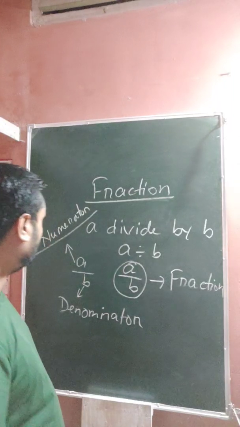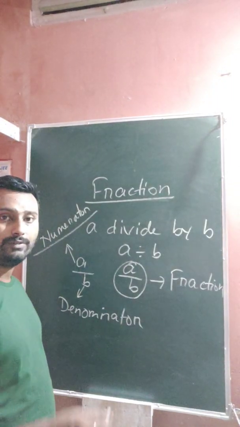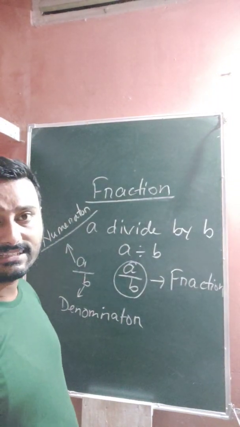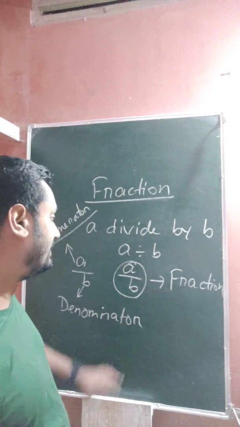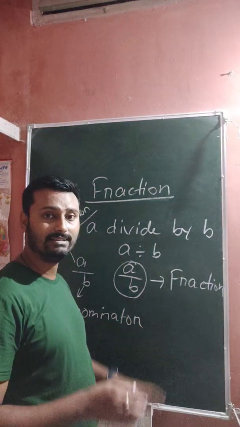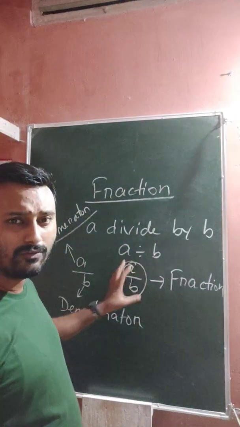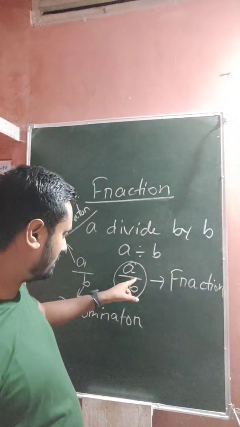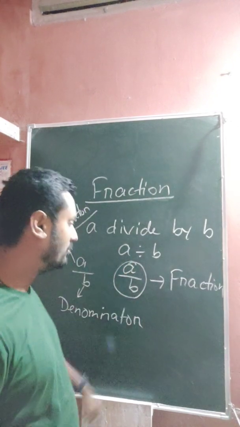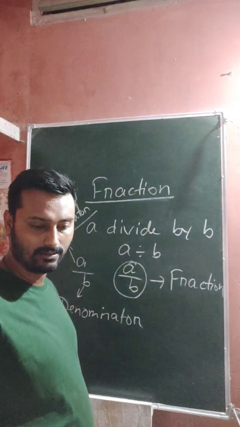Depending upon the value of the numerator and denominator, fractions are classified into some categories, and those categories we will discuss later. So this one is the normal general form of a fraction. The above number is known as the numerator, the below number is known as the denominator.